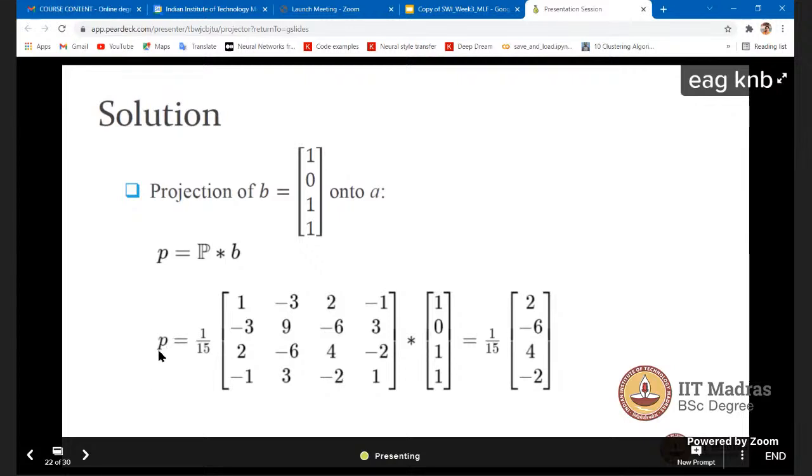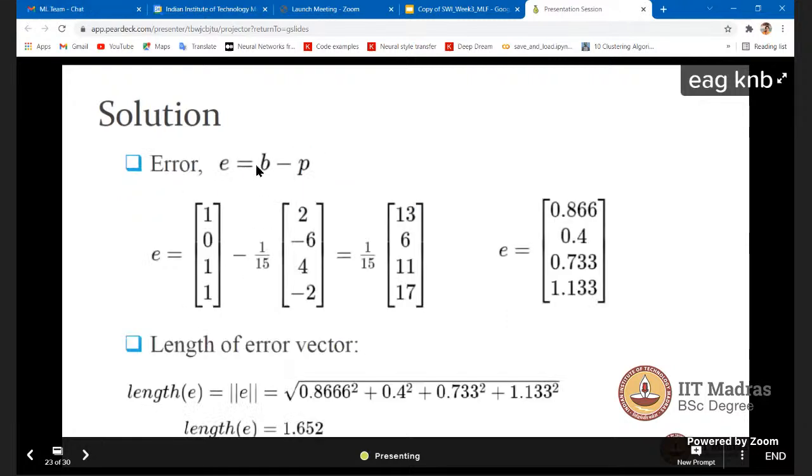Once you obtain this projection vector, how do you compute the error? When you are projecting vector B onto A, the error is the perpendicular distance, which is simply B minus P. Your B vector is 1, 0, 1, 1 and we just found our projection vector.